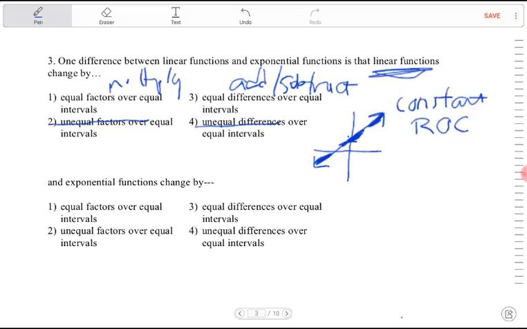You gain $1 during this day, $1 during that day. So what that means is that every day you're adding the same amount, which means it's an equal difference over an equal interval.